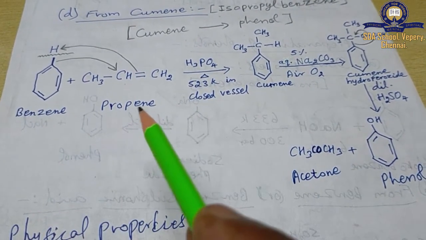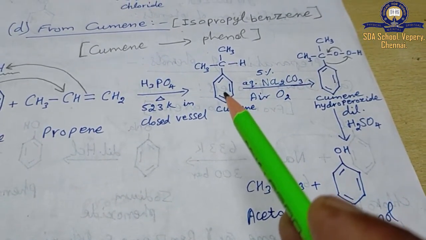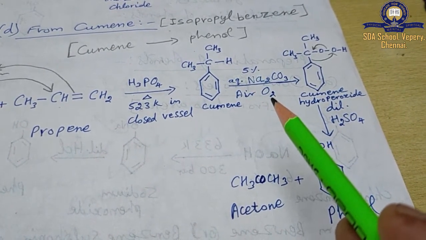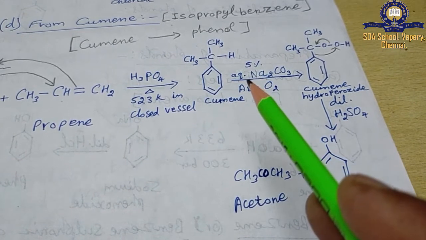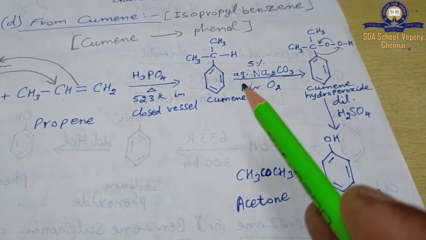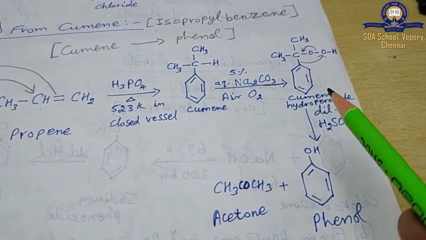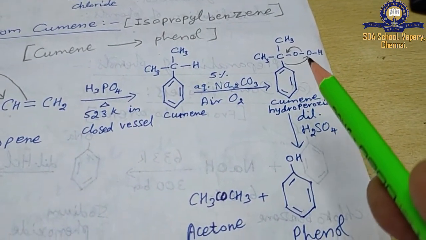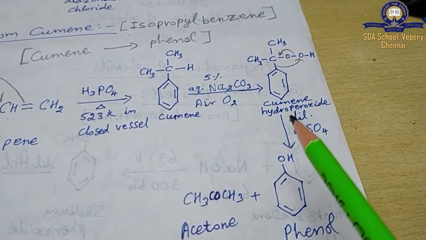So benzene and propane give you cumene as this structure. Passing air through the mixture of cumene and 5% aqueous sodium carbonate, cumene undergoes oxidation to give the oxidized product. That means between carbon and hydrogen, 2 oxygen atoms are introduced. This is called cumene hydroperoxide.